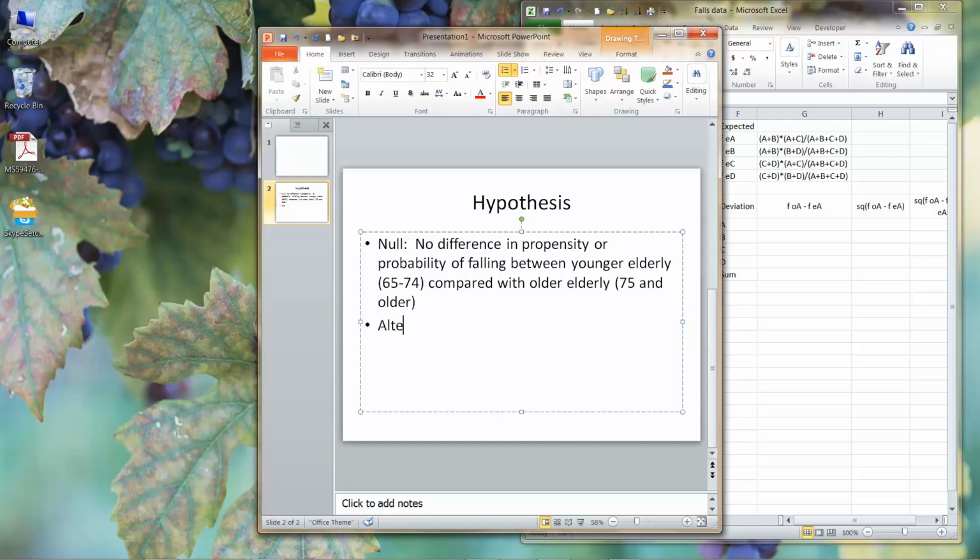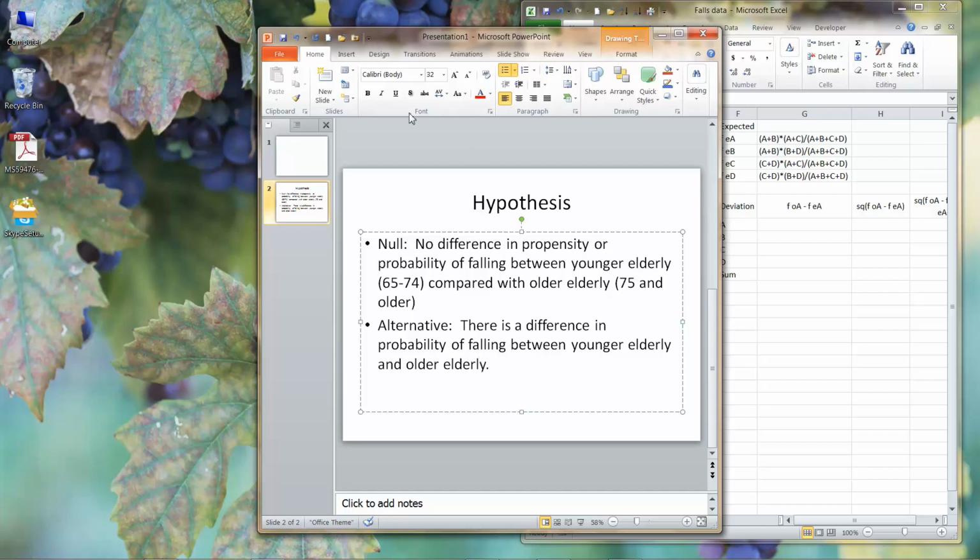The alternative hypothesis is that there is a difference in probability of falling between younger elderly and older elderly.